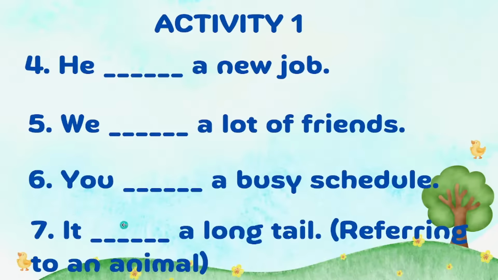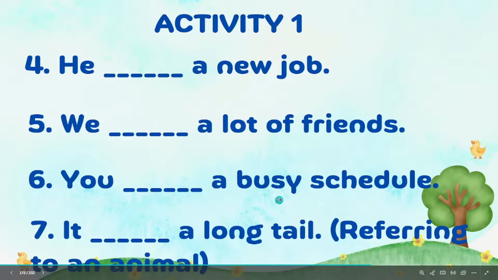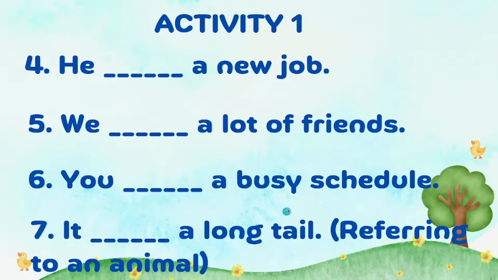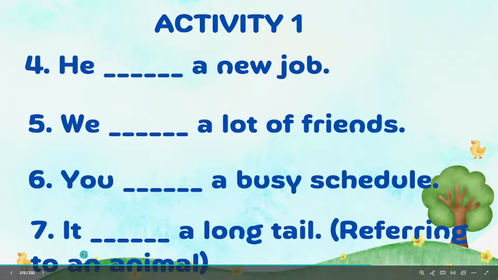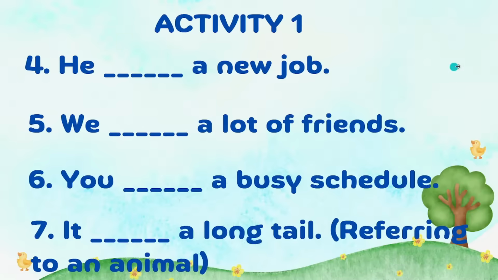Of course, it's going to be has. For number 7, it has a long tail. You are referring to an animal here, of course, because people or persons have no tail, only animals, right? So, it has a long tail.